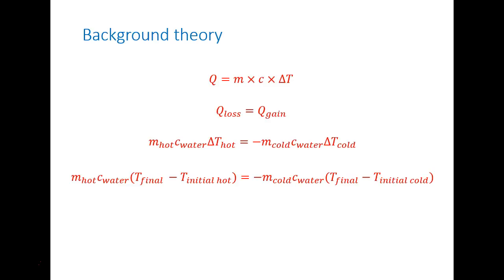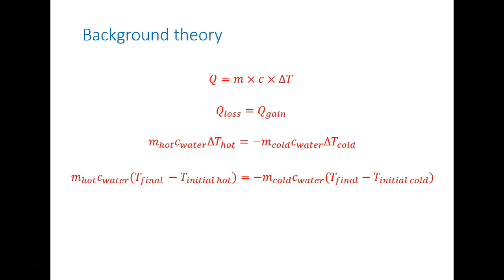So we get a big equation here: mass of hot water multiplied by heat capacity of water multiplied by brackets final temperature minus the initial temperature of the hot water, equal to negative mass of the cold water multiplied by heat capacity of water multiplied by brackets final temperature minus the initial temperature of the cold water.